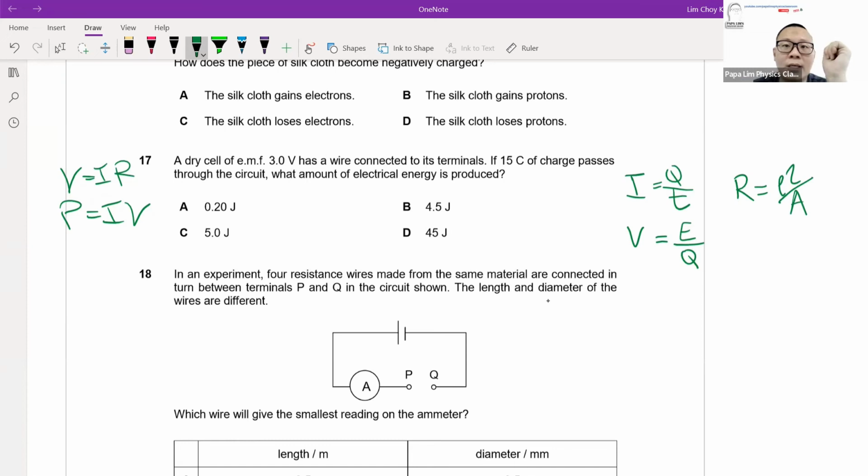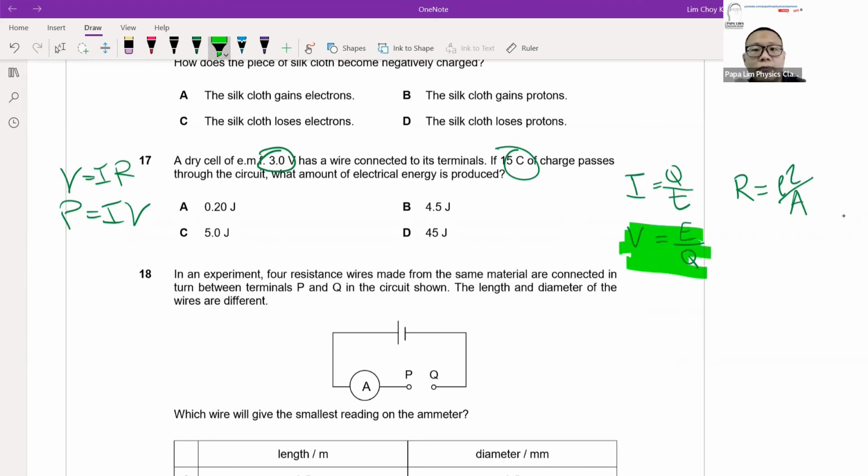For example, in this case, the EMF, potential difference is 3.0 volts. There's a charge of 15 coulombs. What's the amount of energy given? If you look at the formula, energy, charge, and voltage, you can easily arrive at this formula. So if you substitute the value inside, voltage is 3 volts, energy is what the question requires to find, charge is 15 coulombs.